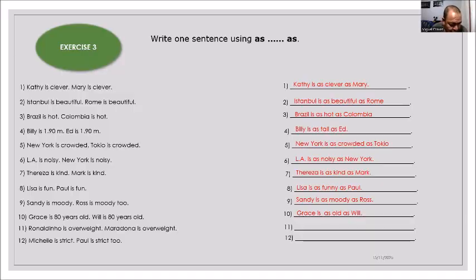Number 11. Ronaldinho is overweight. Maradona is overweight. Ronaldinho is as fat as Maradona. Number 12. Michelle is strict. Paul is strict too. Michelle is as strict as Paul.